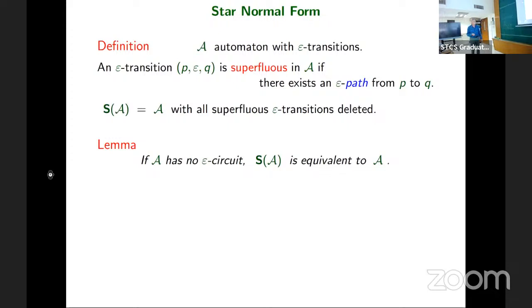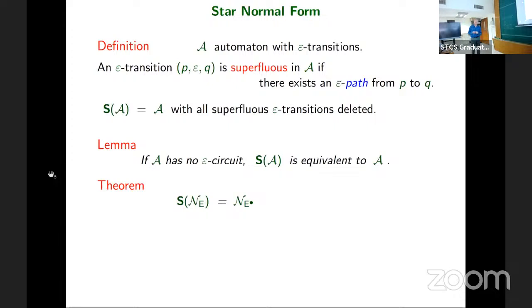And the theorem is surprising: if you take the net automaton and you take out all the superfluous transitions, you get the net automaton of the star normal form.